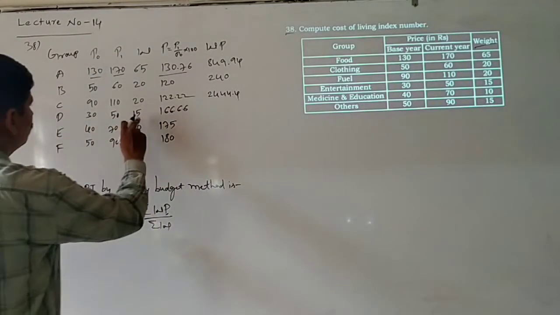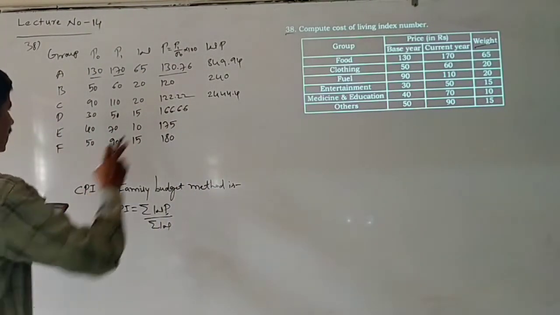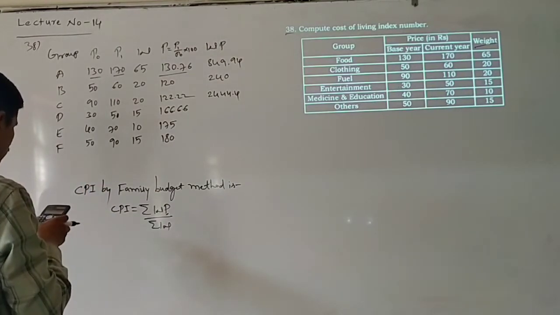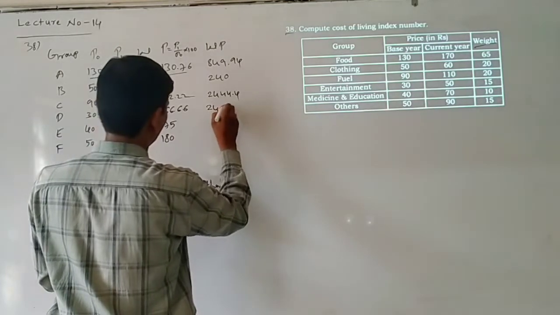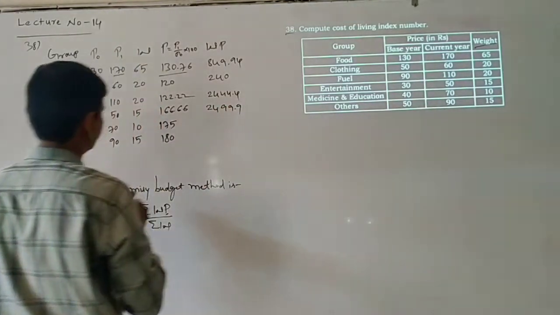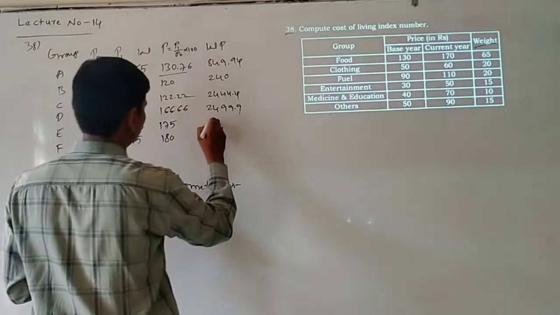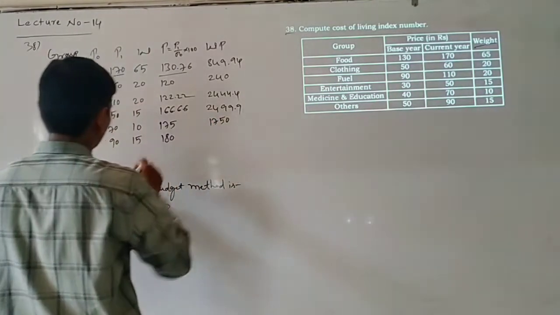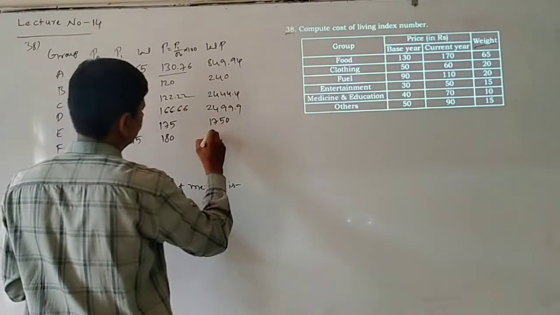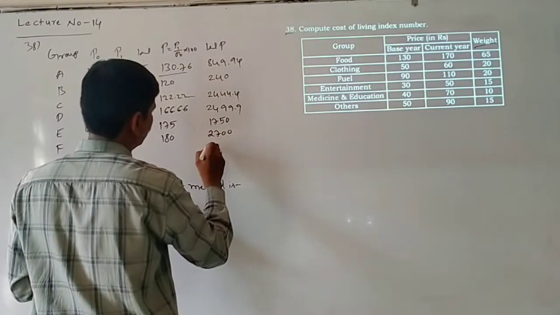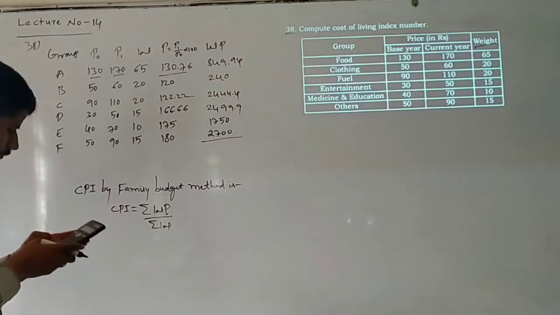Next, 15 into 166.66 is 2499.9. The next, 10 into 175 is 1750. The next, 15 into 180 is 2700.